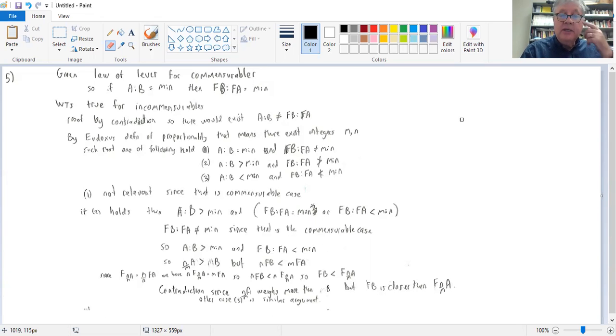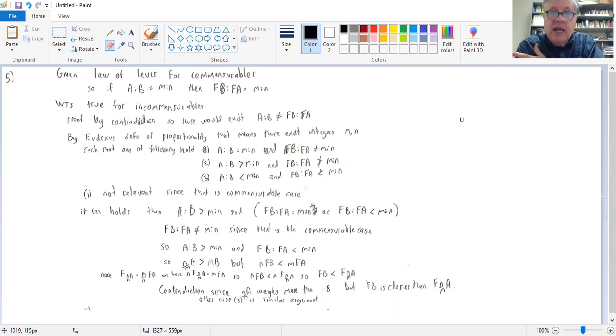By the definition of proportionality, that means there exist integers m and n such that A is to B is m to n, and FB to FA is actually not equal to m to n.